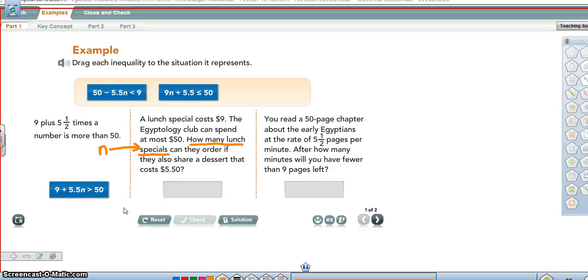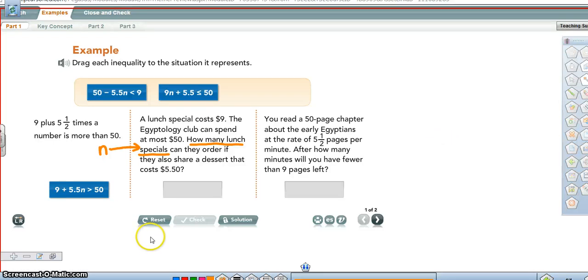So we need to spend $9 times however many we're going to get. Also, we need to spend $5.50, and altogether for our total, it can be at most $50.